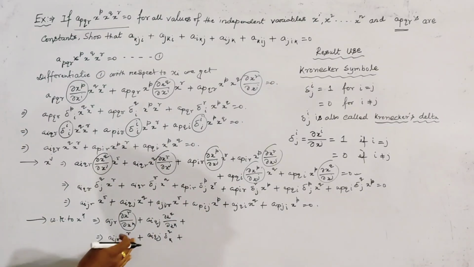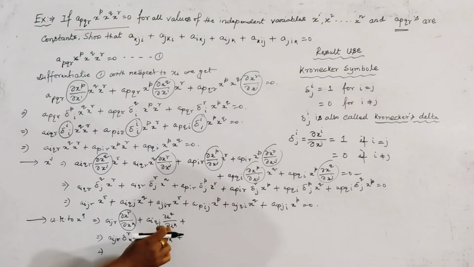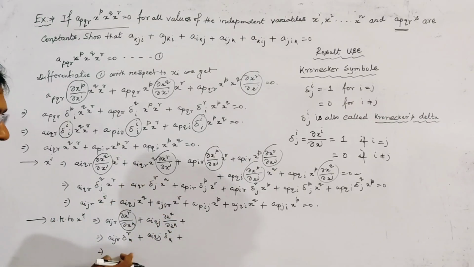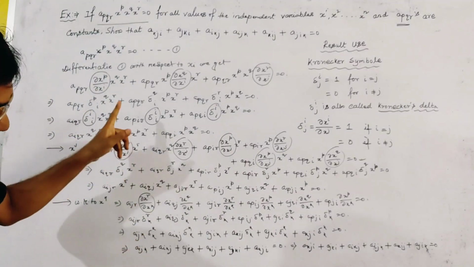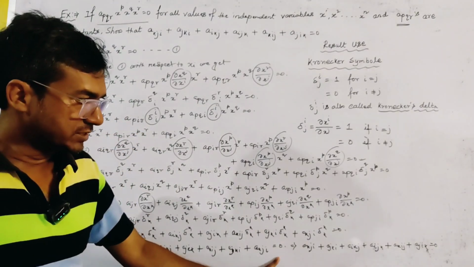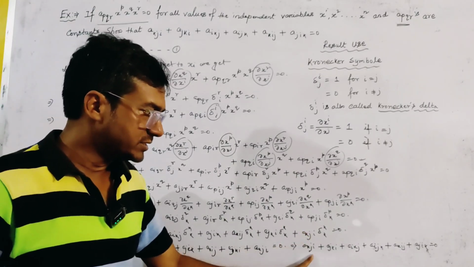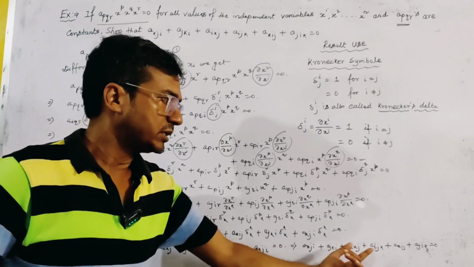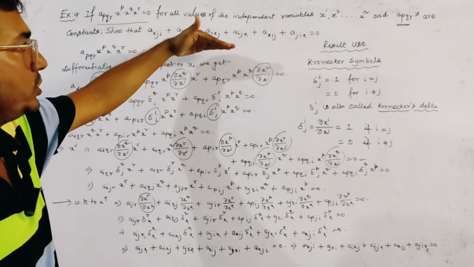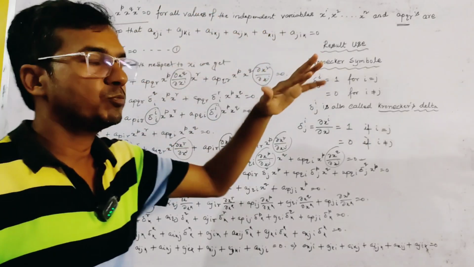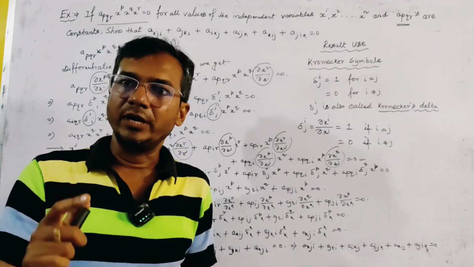We write the similar way in 2 lines. Now we also change the dummy suffix r to k, q to k, and so on, and we get our required result. By changing the dummy suffixes as above, we get this result, and we write it by arranging the terms as given in our proof. So very easily we can prove this result. This is a very important proof of tensor calculus. Thank you for watching.